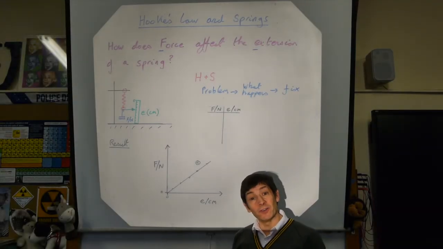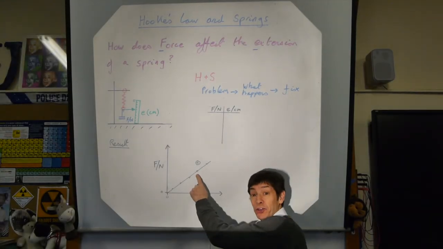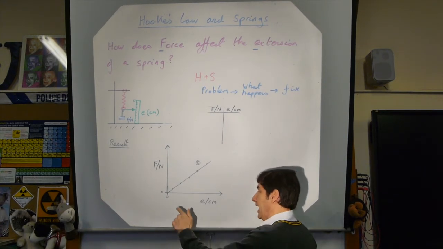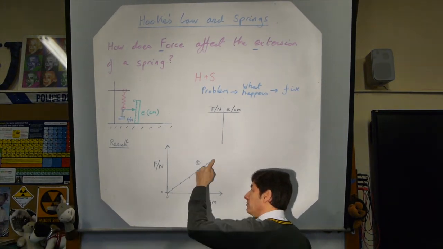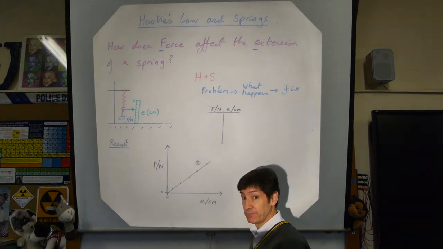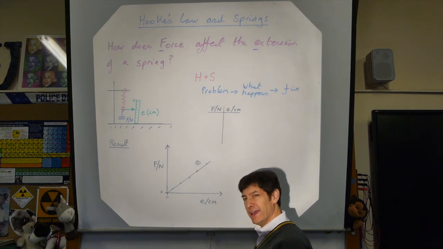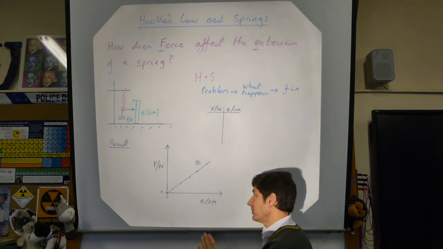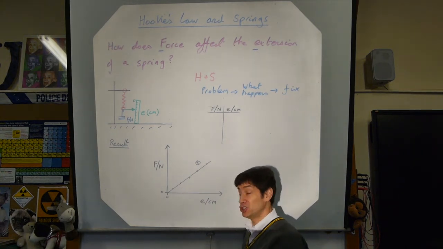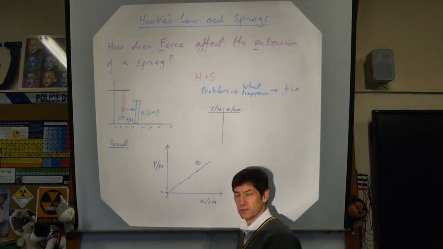So I hope your graph looks something like this. Probably hasn't got an anomaly. Well, I know it hasn't got an anomaly because I did the experiment well. And we've put the line of best fit through 0, 0, okay, which makes the understanding a little bit easier. By the way, this is quite difficult to understand. If the line was over here and it had an extension for no newtons, that's rubbish.